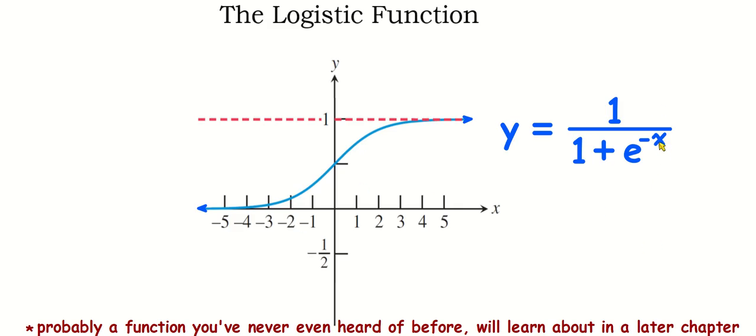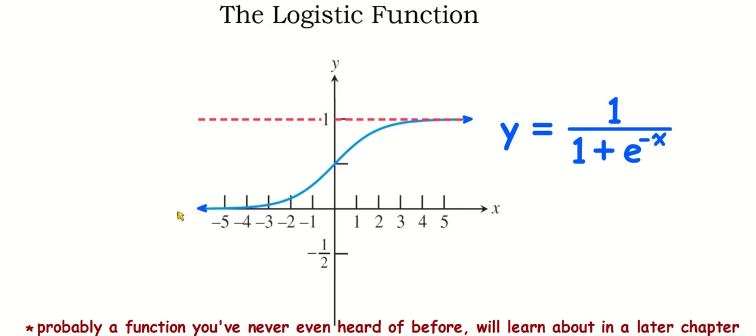But I think as x approaches negative infinity, so like if you plug in -5, this would be 1 over 1 plus e to the positive 5. And so that's a positive number, but it's really, really small.